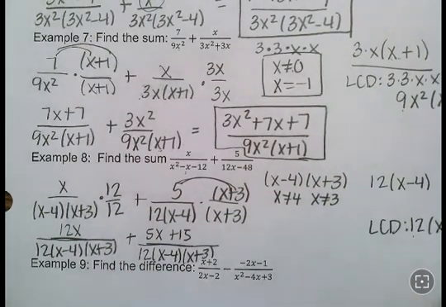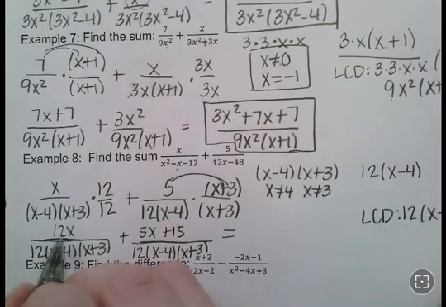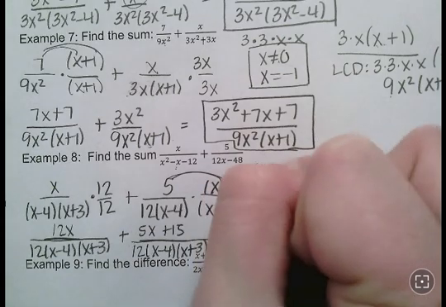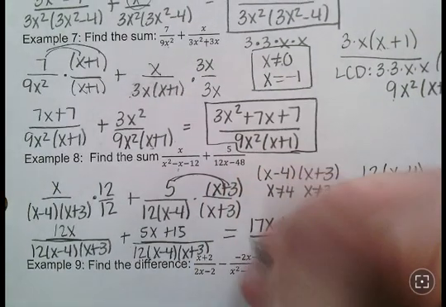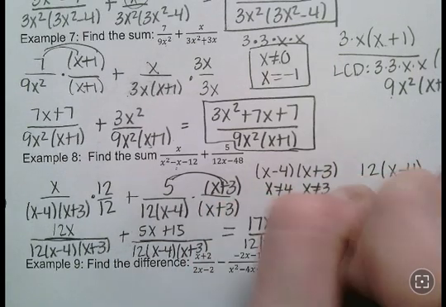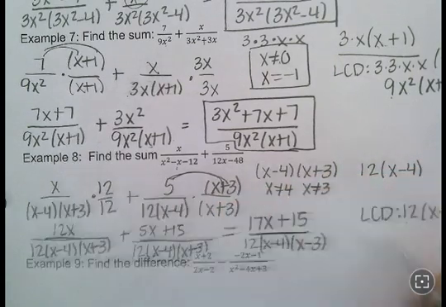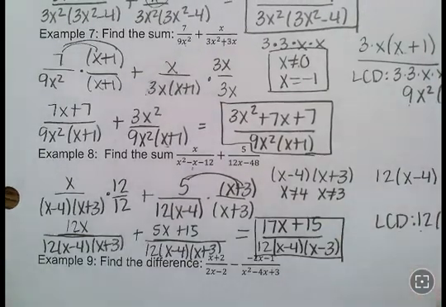Okay? And then we just clean it up. Now that we have common denominators, we just combine like terms. So 12x plus 5x, that's 17x, and then we've got a plus 15, divided by 12 times x minus 4 times x plus 3. Okay? Beautiful.